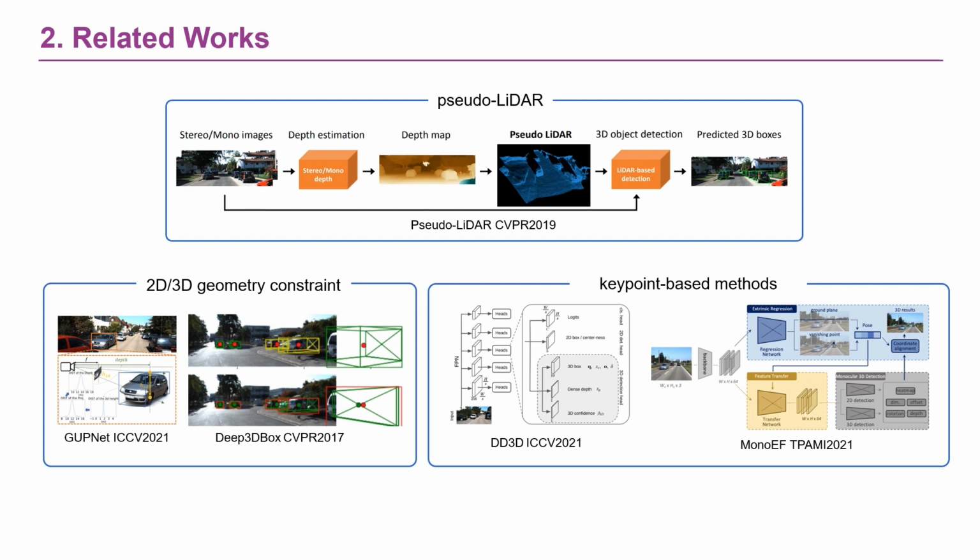Other methods based on 2D/3D geometry constraint obtain translation information on the basis of the geometric relationship between 2D and 3D properties on the image plane. Due to their sensitivity to inaccurate prior properties such as 2D boxes, these methods find it difficult to achieve both high accuracy and low latency.